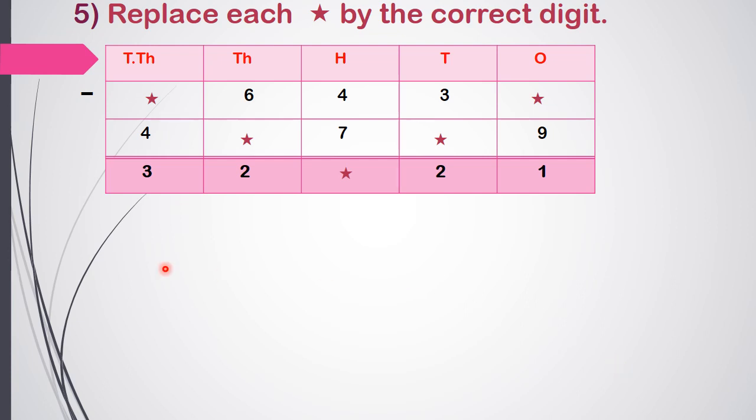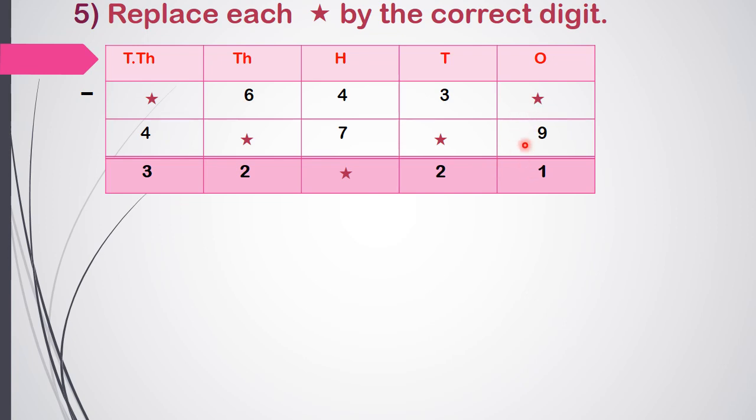Then the fifth sum: replace each star by the correct digit. We have already done the same problem in addition, isn't it? But subtraction is something different. Already we know that the first row is the largest number, the second row is the smaller number, and the final row, the answer row, is the difference.